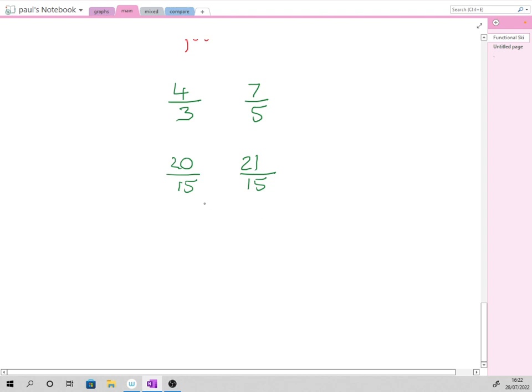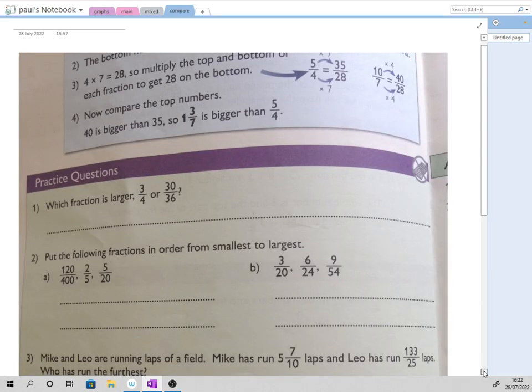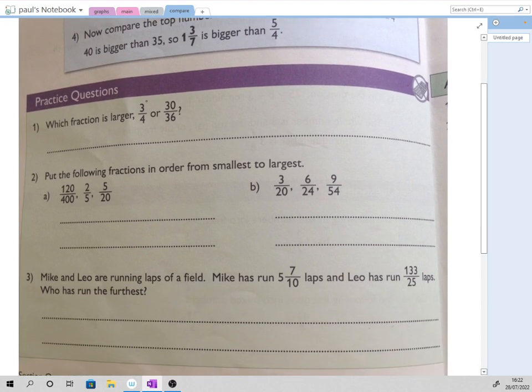Right, so the complicated, what if we had 3? Well, let's have a look and see if we've got an example where they want you to do 3. So which is larger, 3/4 or 30 over 36? Let's make, see, 4 goes into 36.